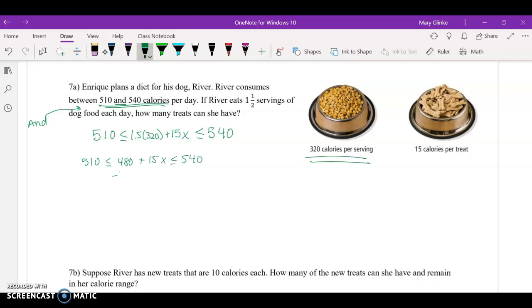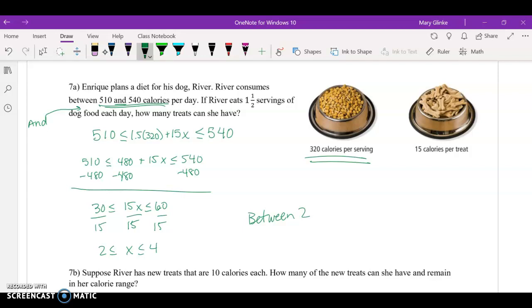And so now we can go ahead and solve this like we were solving our other compound inequalities. And so we get 30 is less than or equal to 15x, which is less than or equal to 60. And so now River can eat anywhere between 2 and 4 servings of the treat.